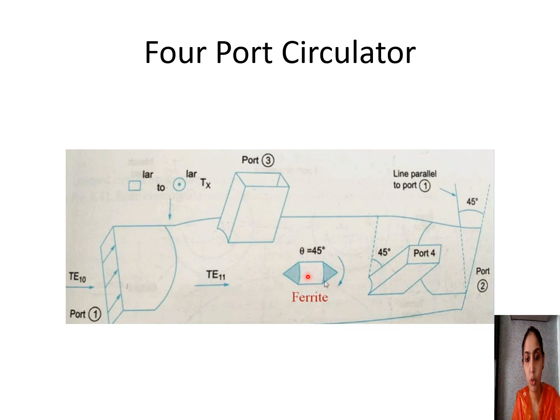So there is a clockwise rotation of 45 degrees. By 45 degrees the wave is rotated clockwise, and again the electric field is not significantly cut by port 4. So it will emerge out from port 2. So a wave from port 1 has now emerged at port 2.